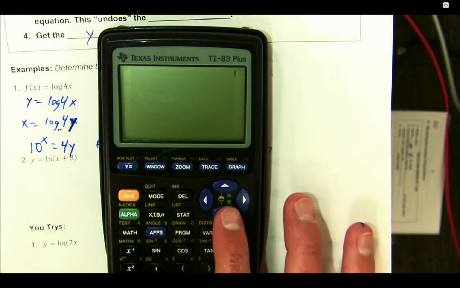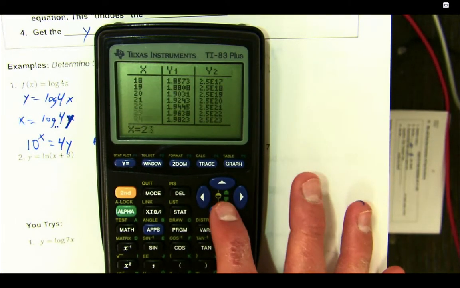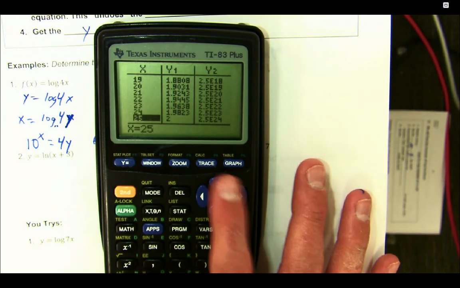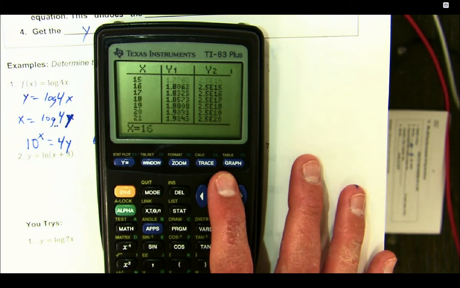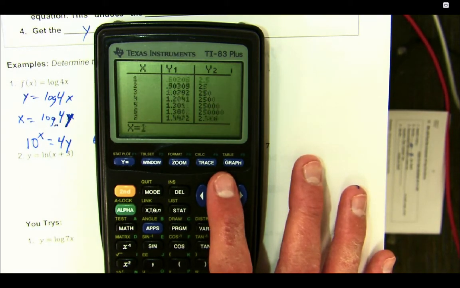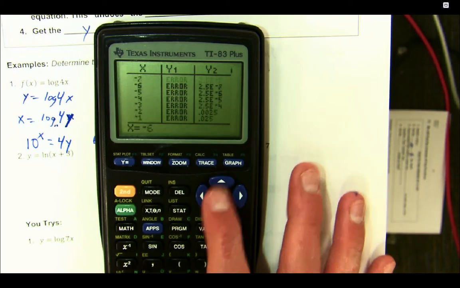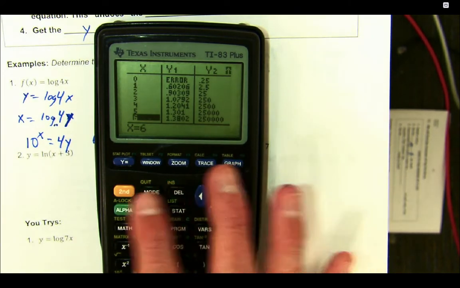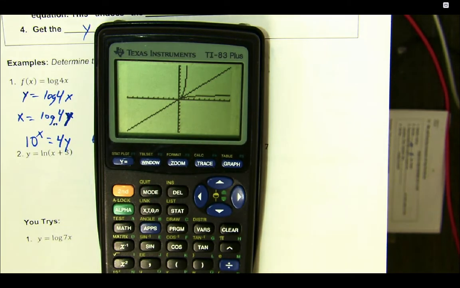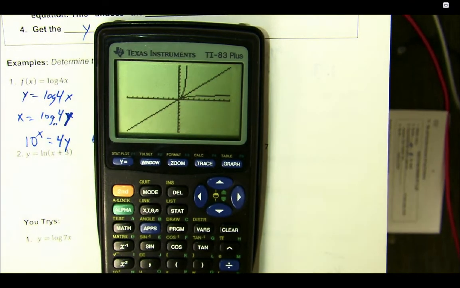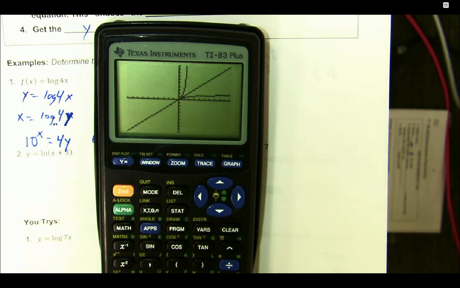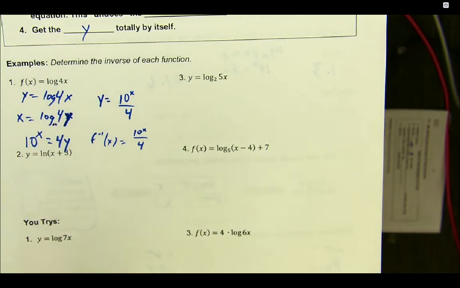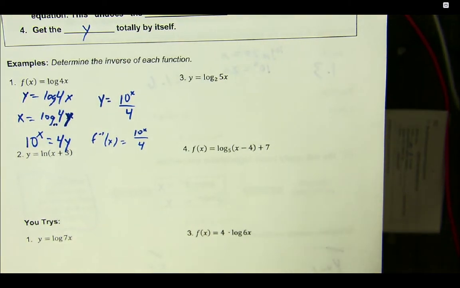And if I take a look at my table as well, I can compare and see if I have any values where x and y get switched. Well, I had one way down there, but I think you can see from the graph that these are inverses of each other. They are a reflection over that line y is equal to x. Okay, so this is always a good way to graphically verify whether or not you do have inverses.